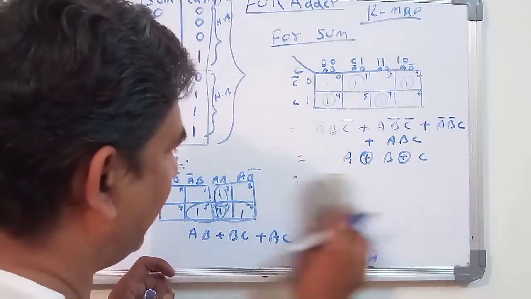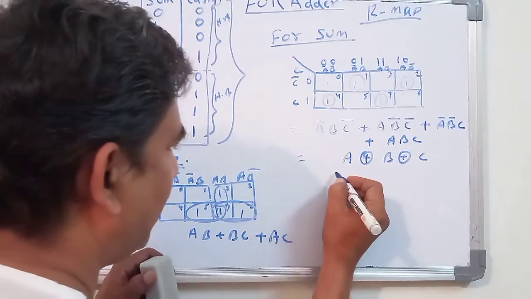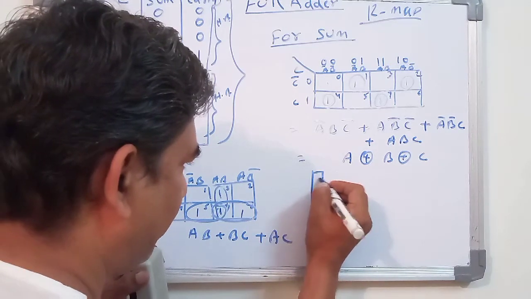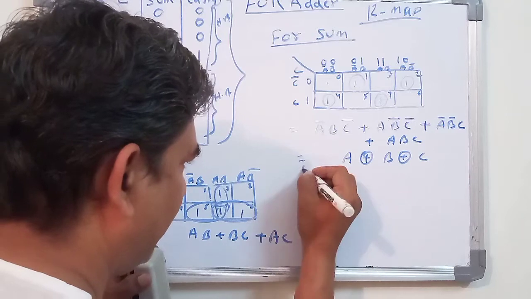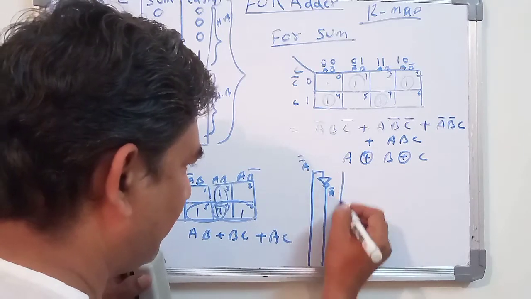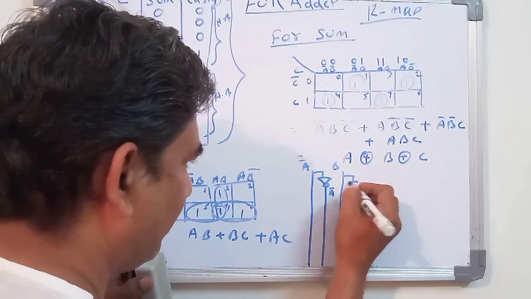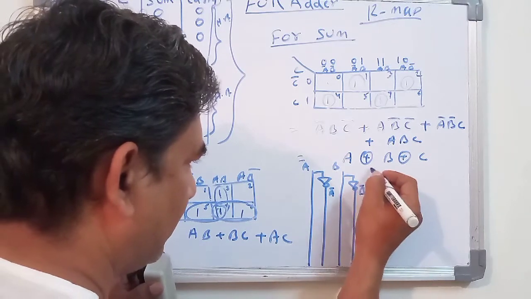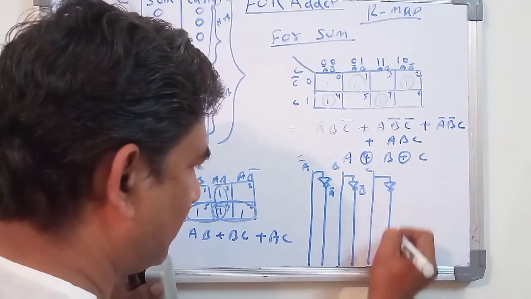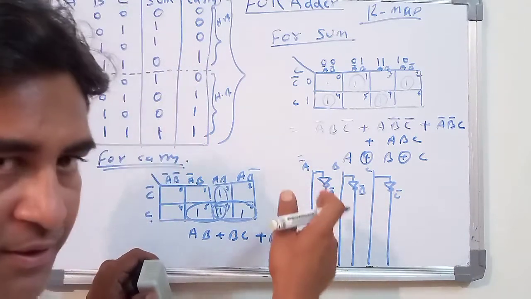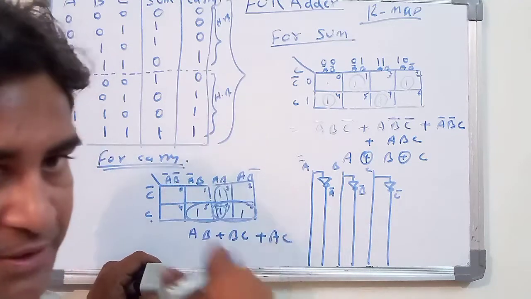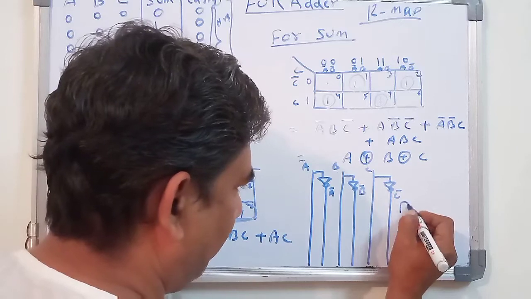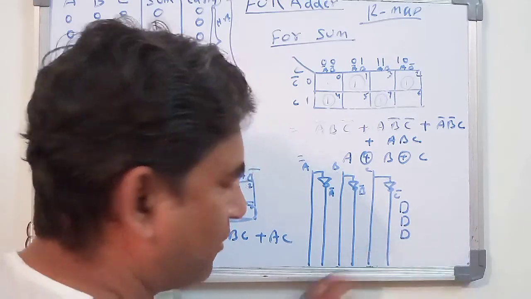Now we will see the logical diagram. Here the three AND gates, we may just draw the previous thing, that is A bar, then B bar, then C bar. Okay, it was the first method for designing. So now for the carry, we require 3 AND gates. Just draw the 3 AND gates.